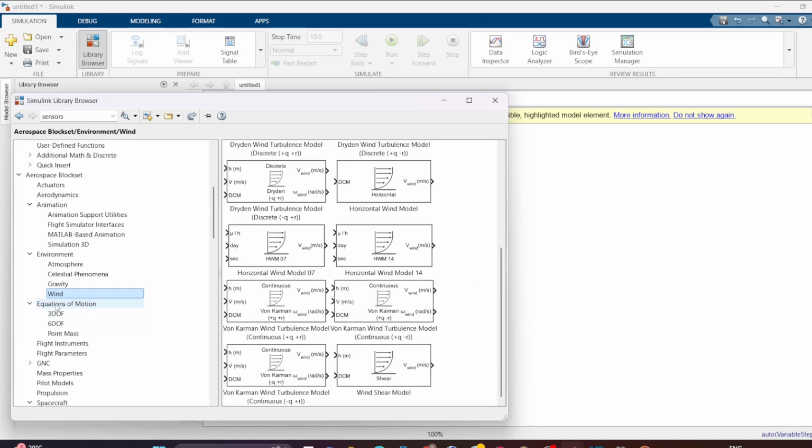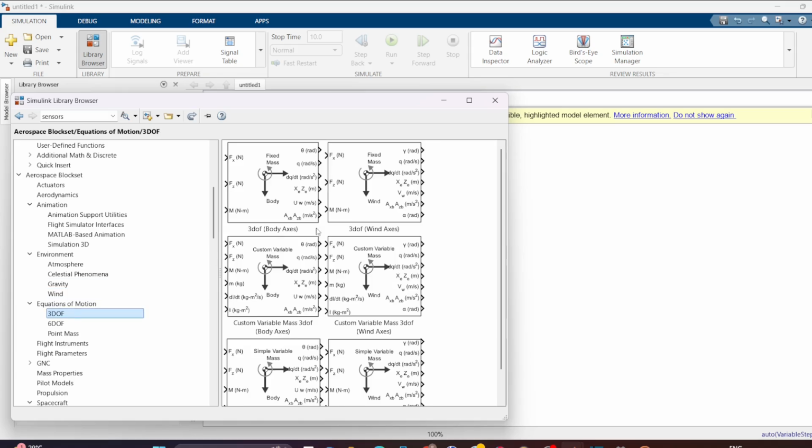Then we have equations of motion. In equations of motion, the first block we have is 3DOF. So what are equations of motion? This is the core of any aerospace system. Equations of motion blocks calculate how the aircraft moves based on forces and moments.